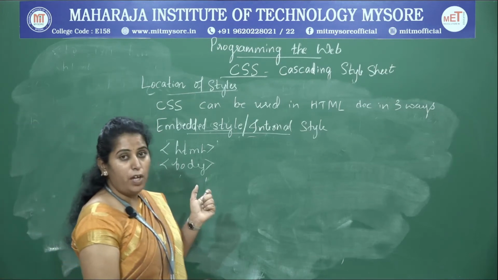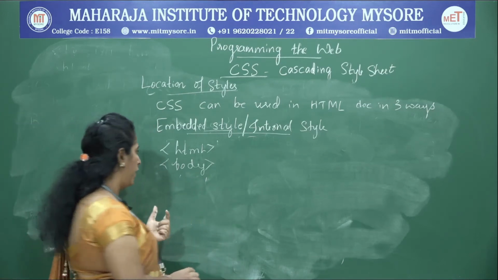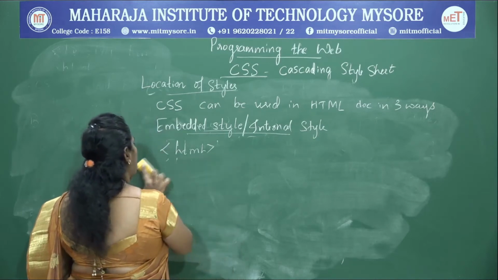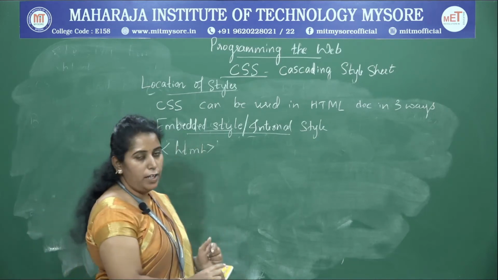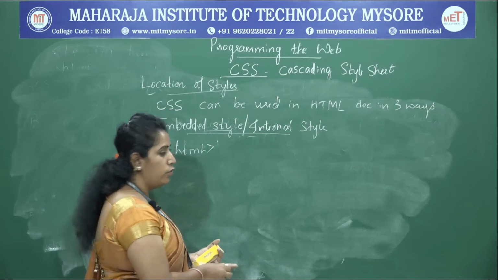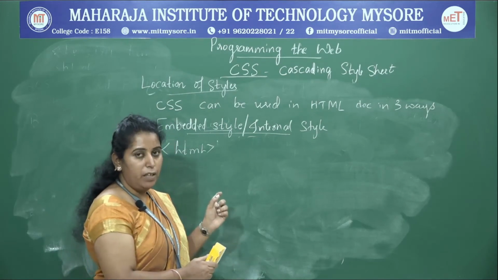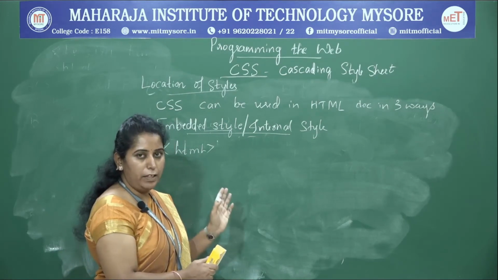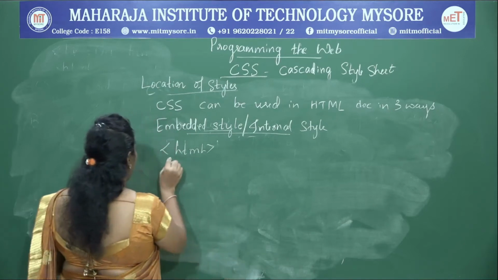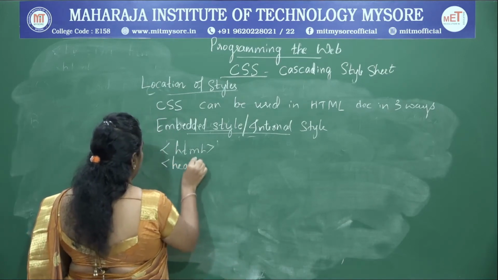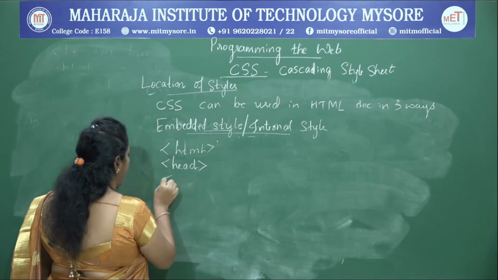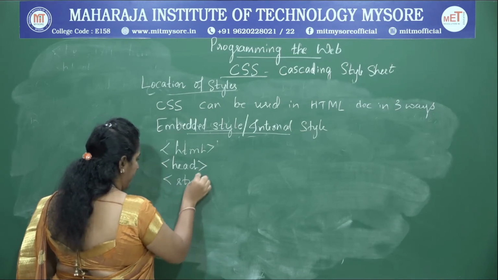Used to define a style for a single HTML document. For implementing embedded style or internal style sheet, you need to write a head because it works in the header part only. Okay. So now I am writing the head. There I have to open the style tag.